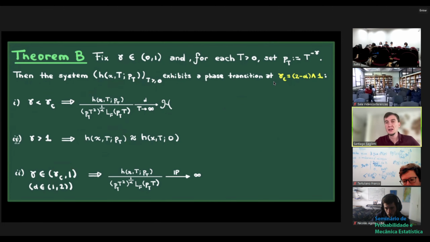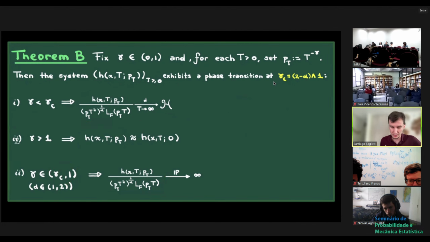Whereas if alpha is in between 1 and 2, then on this intermediate window, we actually don't know exactly what's happening. We don't know if we have random deposition or what exactly is going on. But what we do know is that the height of the column of blocks grows faster than in the case of a fixed value of p.